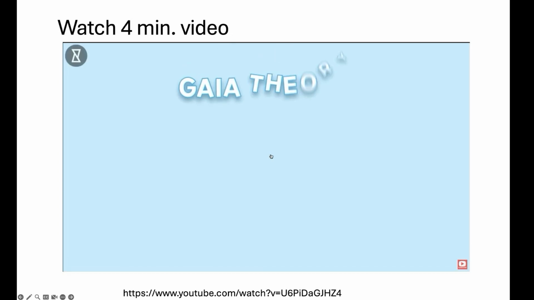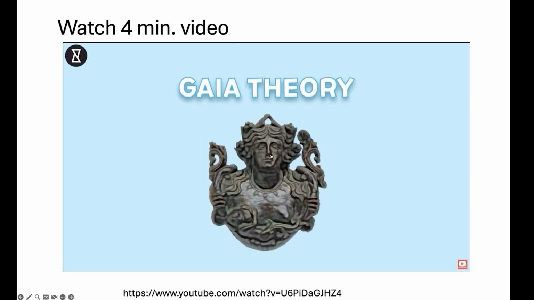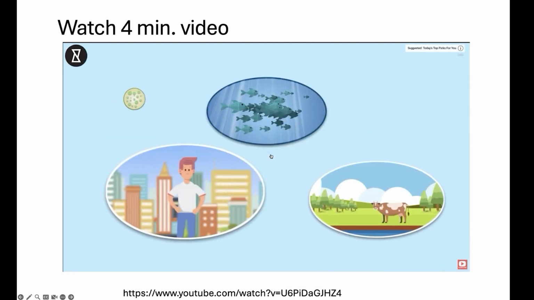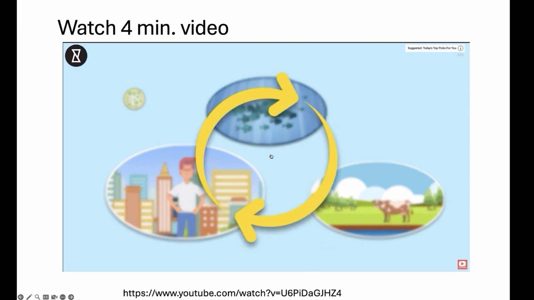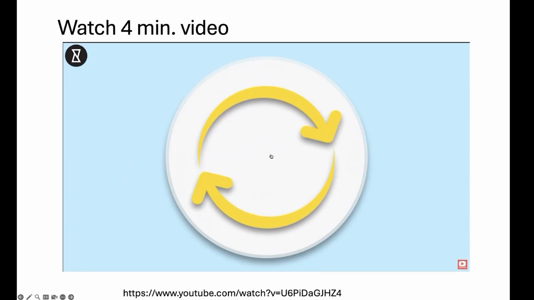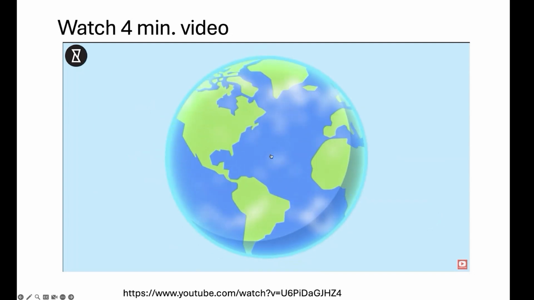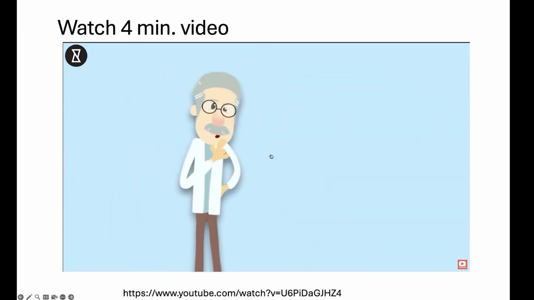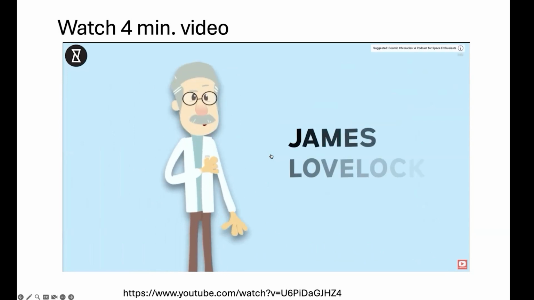The Gaia theory, which is named after the Greek goddess of Earth, talks about this idea in detail. This theory argues that all living organisms, along with their inorganic surroundings, adapted and evolved as a collective whole in the form of one giant, self-regulating system that keeps things in place in order for life to survive on Earth. This theory was put forward by a highly accredited scientist named James Lovelock.